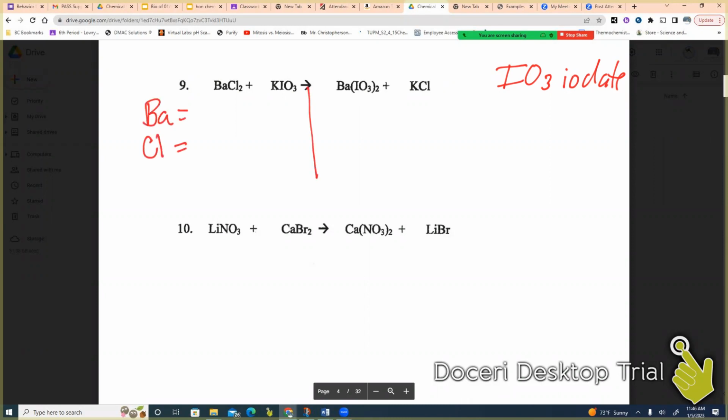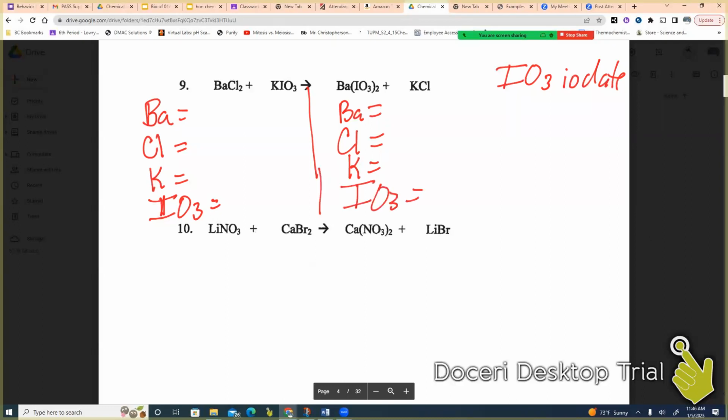Barium, chlorine, potassium, and iodate. All right, so first of all, just gonna do my inventory. Ba, barium, only 1. Chlorine, 2.